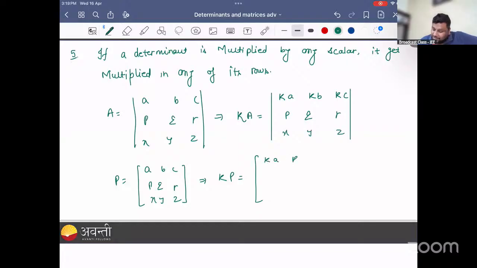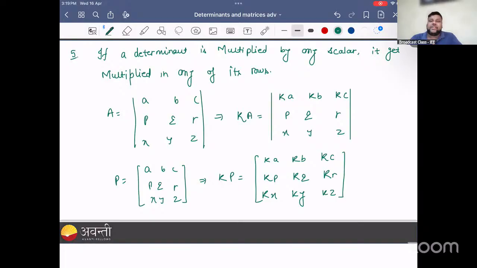So KA, KB, KC, KP, KQ, KR, KX, KY, KZ. Understood? So in a matrix, if you multiply it by a scalar, it gets multiplied in every element. But if you multiply a determinant by a scalar, it gets multiplied in any one row.